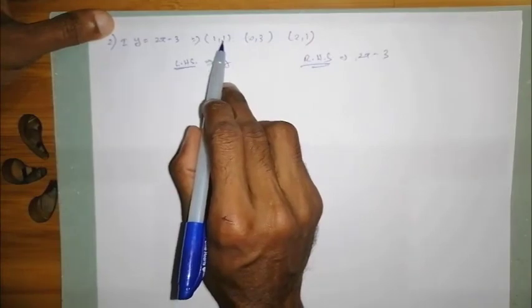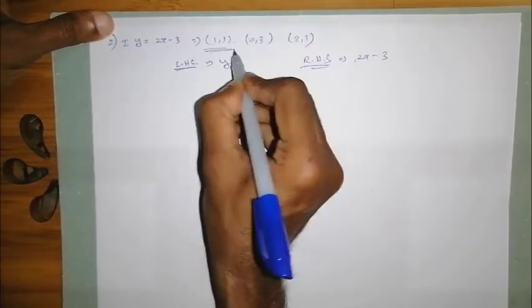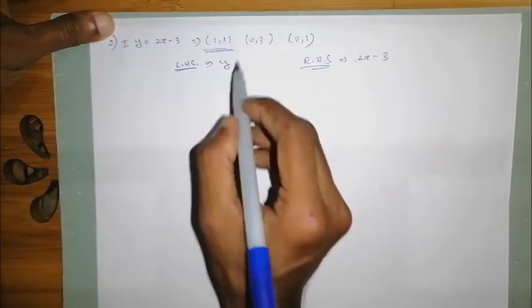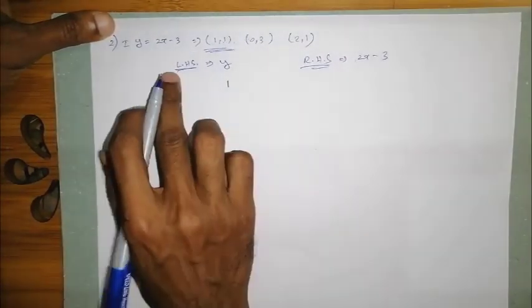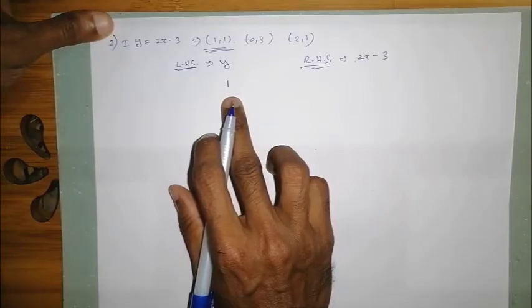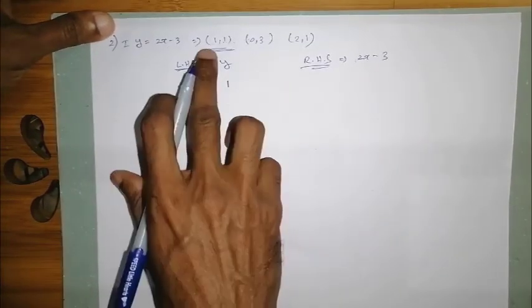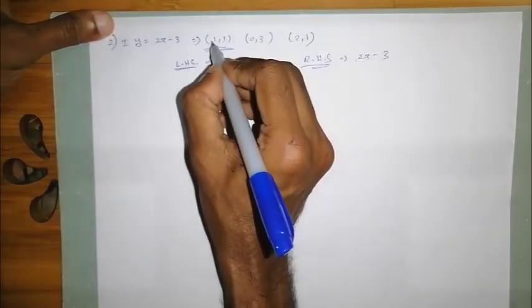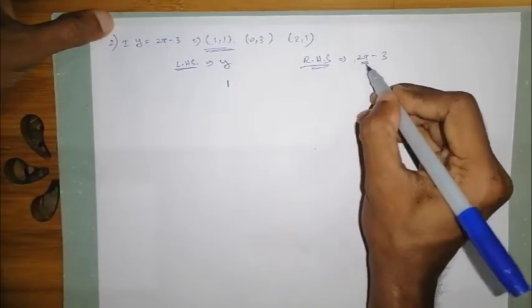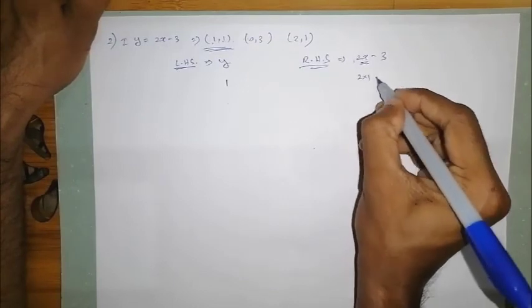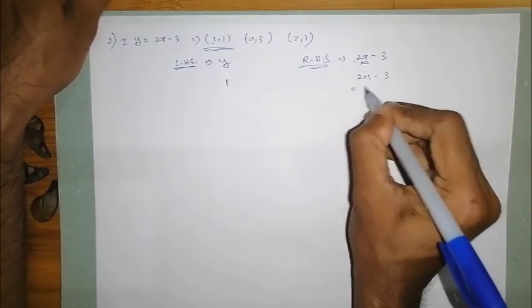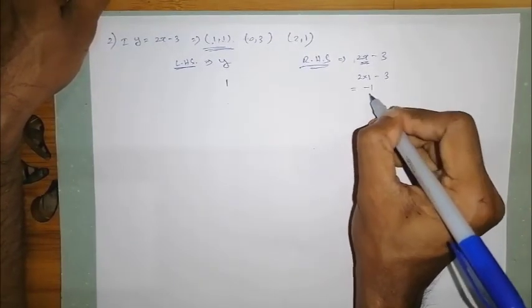The y coordinate of the first given is 1. So I am going to substitute 1 for y, so on the left hand side I have 1. What about the right hand side? Substitute 1 for x because the x coordinate is 1. So 2 into 1 minus 3. The result is 2 minus 3, which is minus 1.